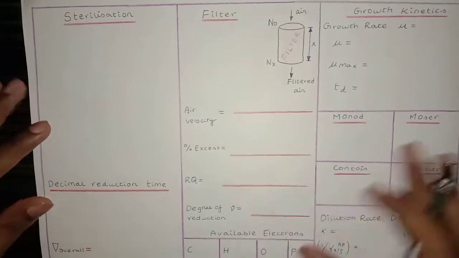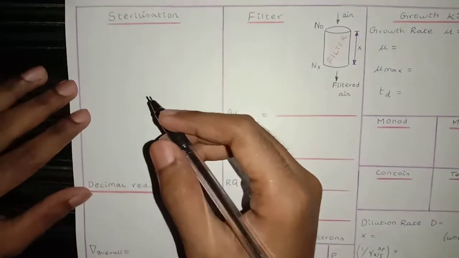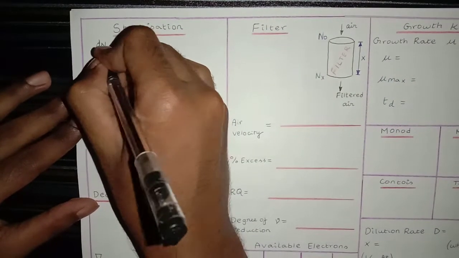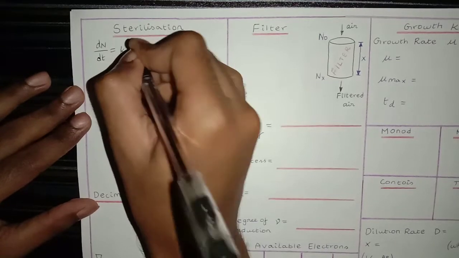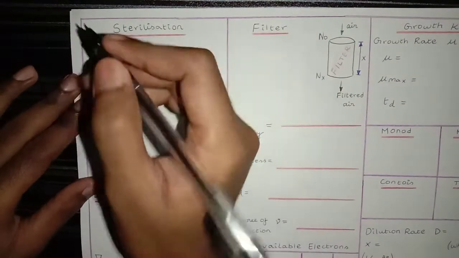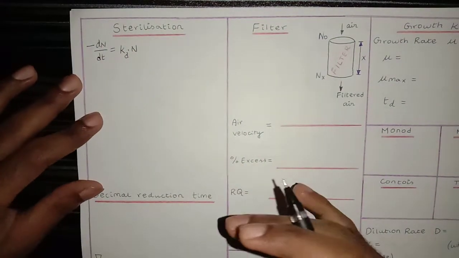Sterilization. So we start with the differential equation for sterilization. It follows a first order differential equation, say dN over dt is equal to minus k times n. Cells die, therefore dN by dt decreases, where k is kd, the rate constant for cell death.